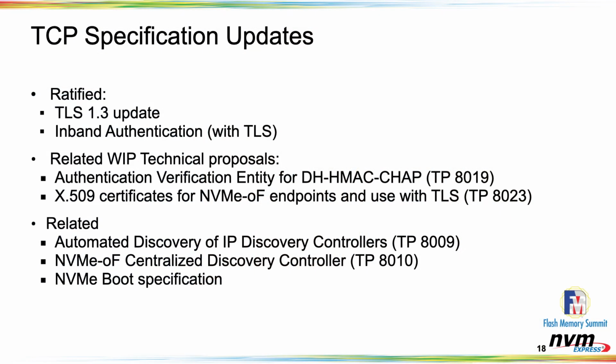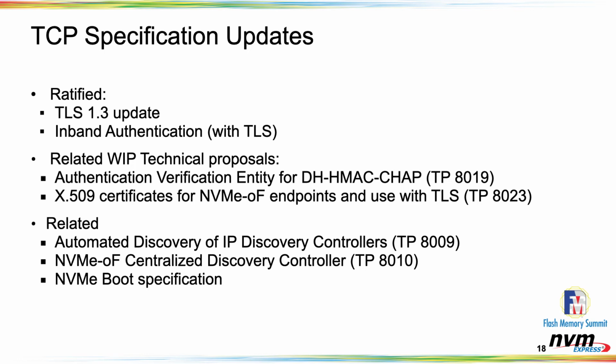Another related one, already ratified and maybe indirectly connected to NVMe over TCP, is what's known as automated discovery on top of IP fabrics. The discovery controller is something well known in NVMe. It tells you where your I/O controllers are in the fabric.